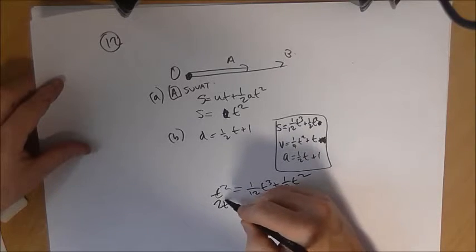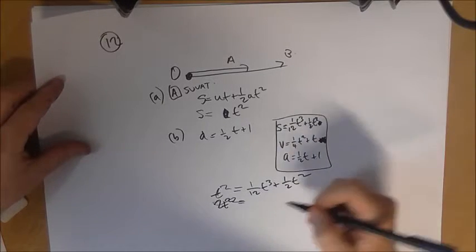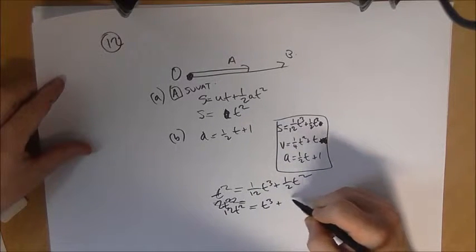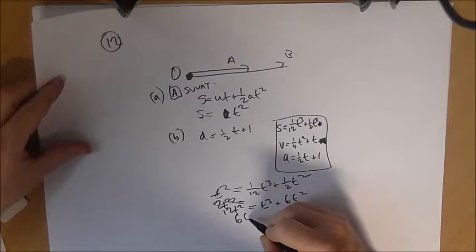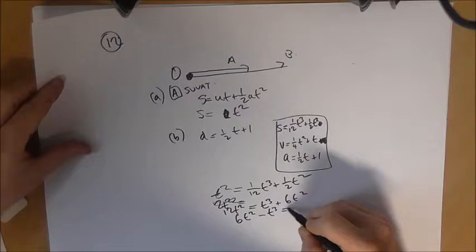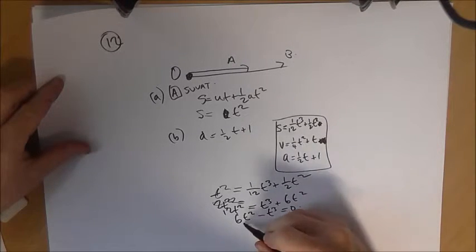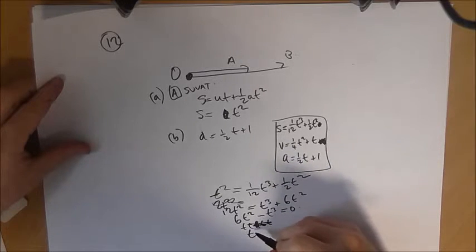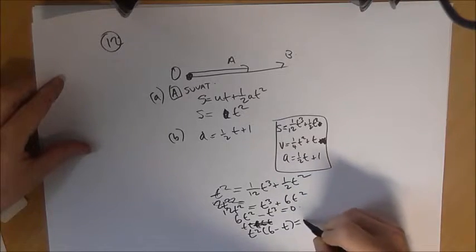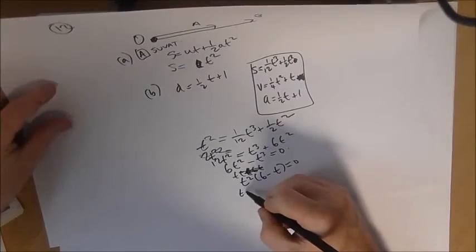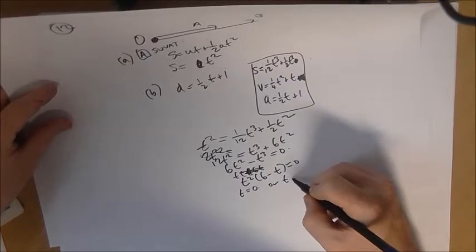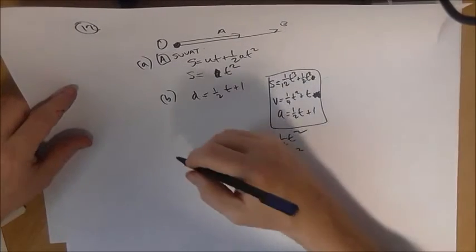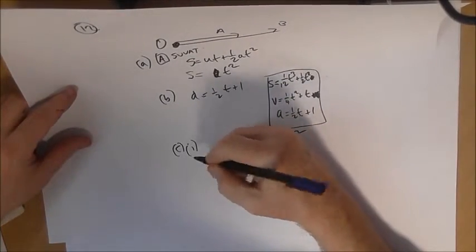So anyway, times everything by 12 will be quicker. So they're certainly the same distance away initially, so t equals 0 or t equals 6. So that's the time where they're the same distance. I've just answered part C, Roman numeral 1.